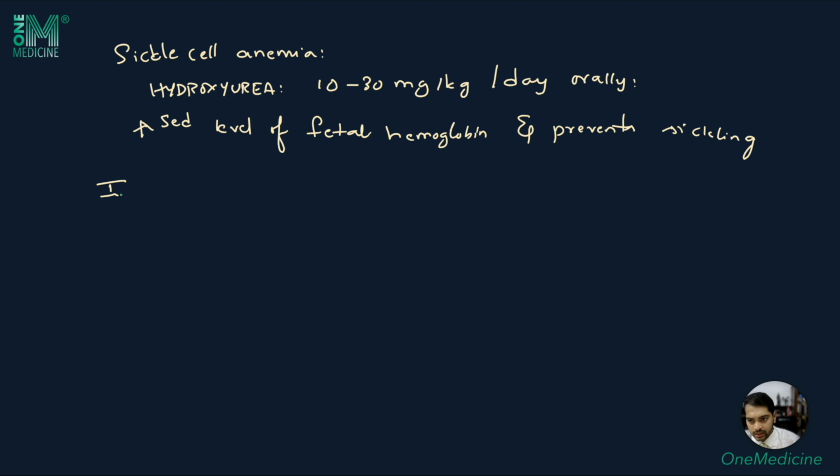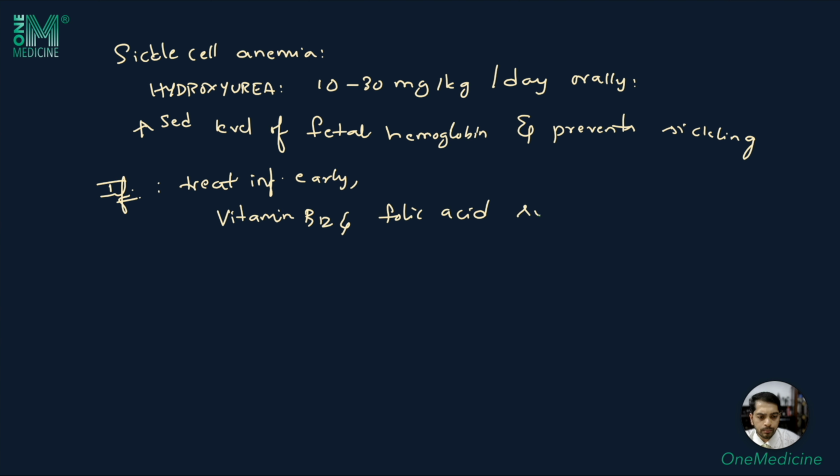If there are any infections in a patient with sickle cell anemia, treat the infections early. Vitamin B12 and folic acid supplementation can be useful.